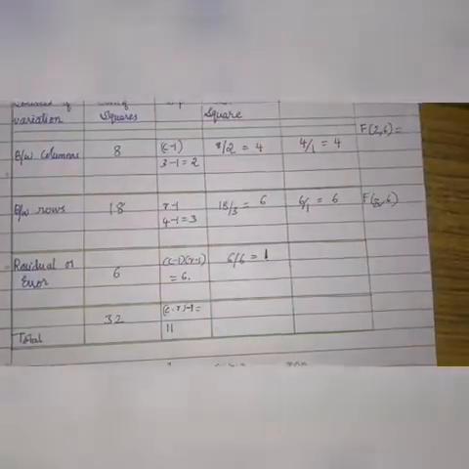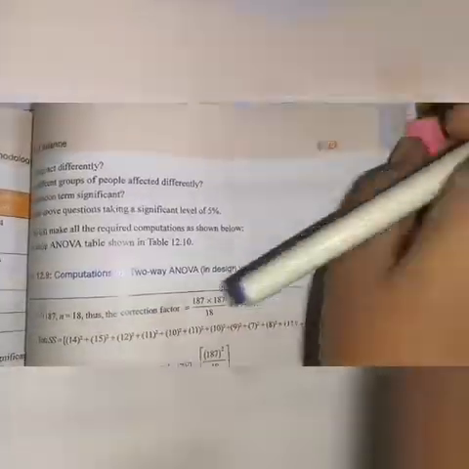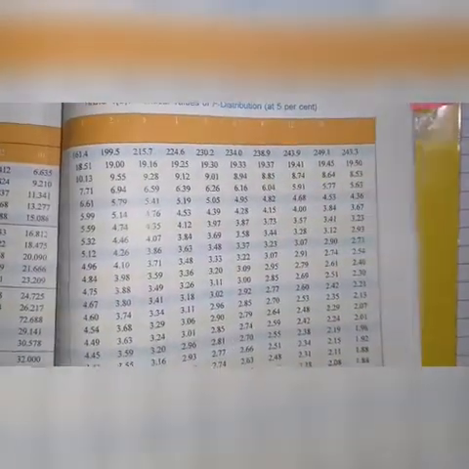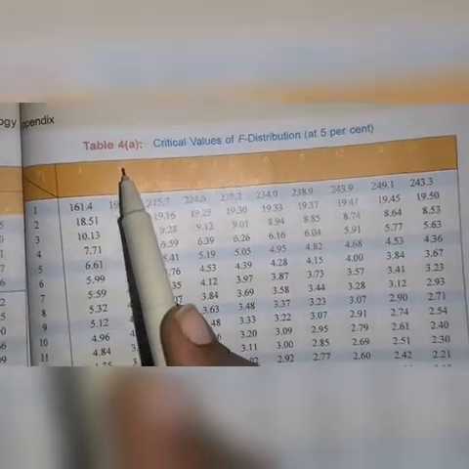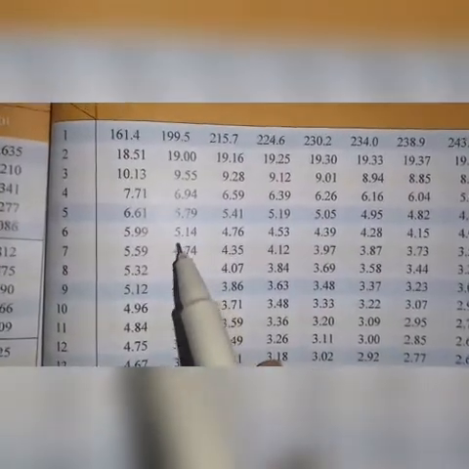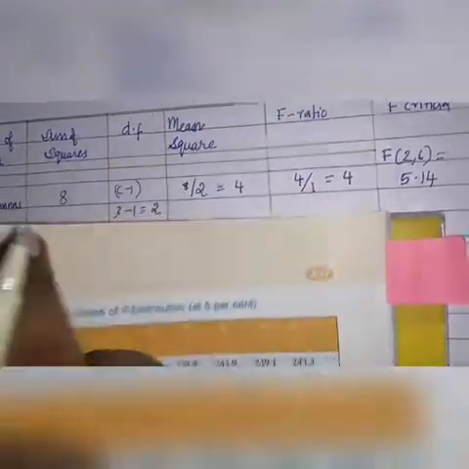So for 2 comma 6, what is the F ratio at 5% level of significance? At 5% level of significance, 2 here and 6 here is 5.14.